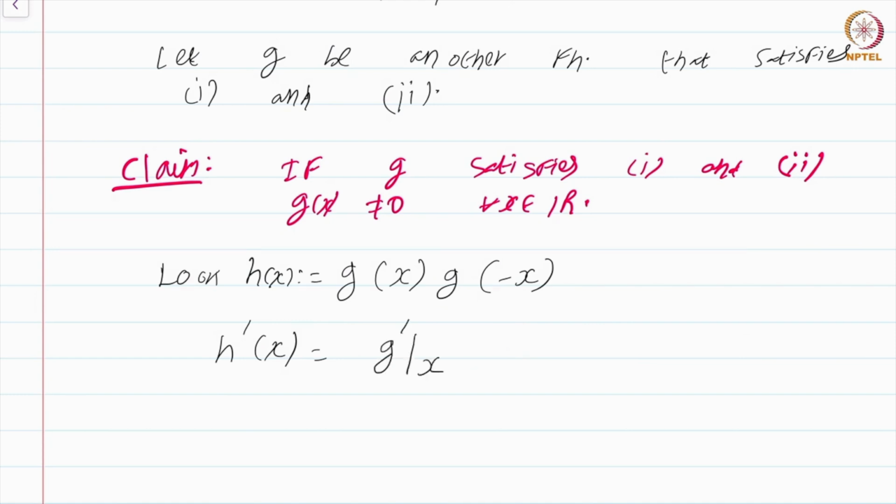So I'm writing a bar and x at the bottom to say that I'm first taking the derivative, then evaluating at the point x, times g of minus x. I'm just applying the product rule. Then I have to differentiate g of minus x, which by the chain rule is minus g prime. That's why there is a minus sign. So it's minus g prime, but this time evaluated at minus x, times g of x.